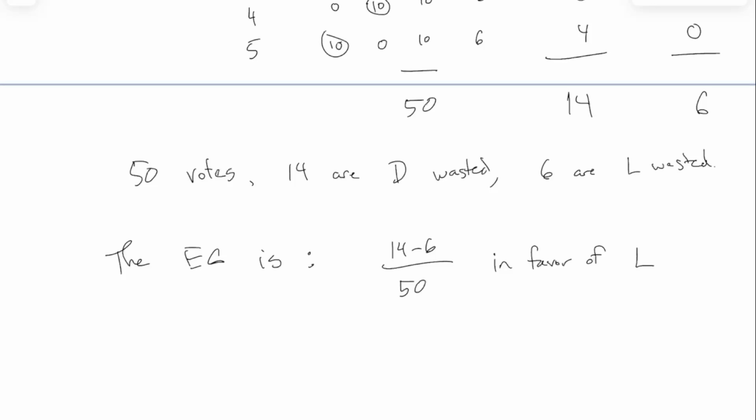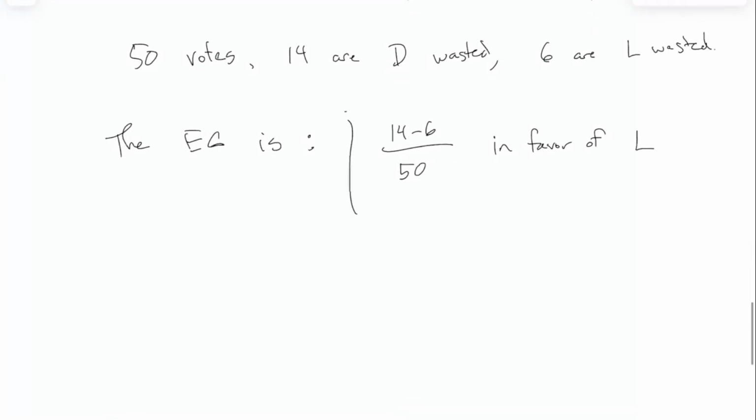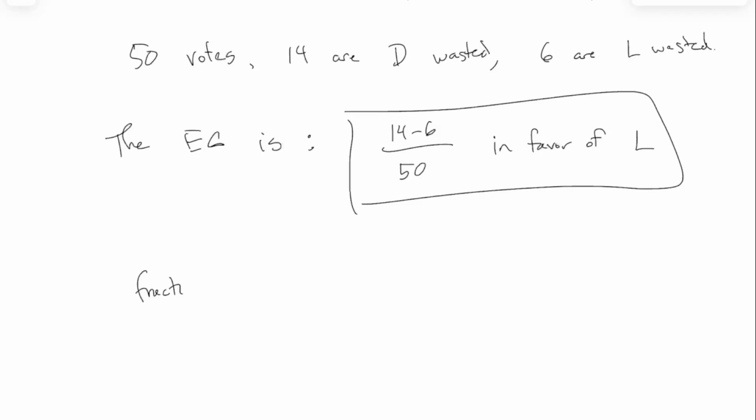All right. This is my final answer. So can I just say the fraction, just so we're all on the same page? Up top is the difference of the wasteds, right? In this case, it was 14 and 6. And the difference, you subtract the bigger one minus the smaller one.